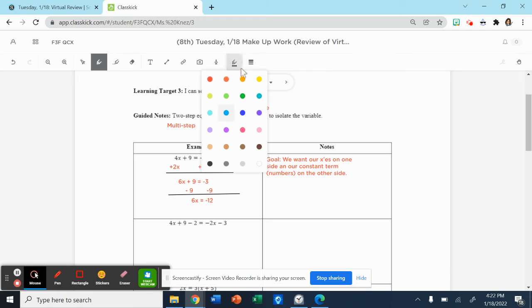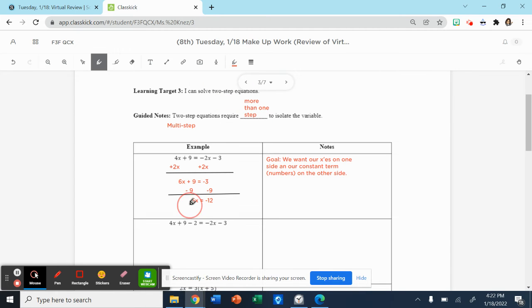I'm going to write that in with a marker because I don't have a good way to draw that, but I'm going to divide both of these sides by 6. If I divide both sides by 6, I end up with x equals negative 2.